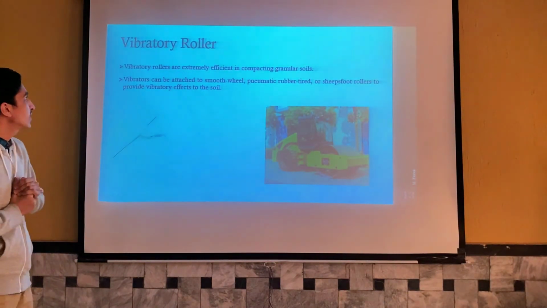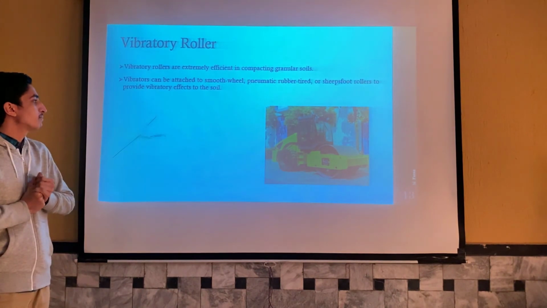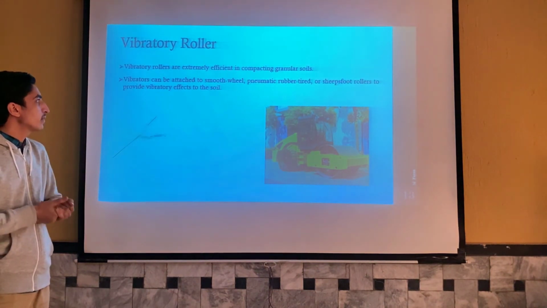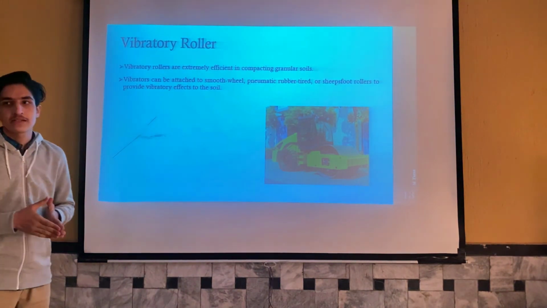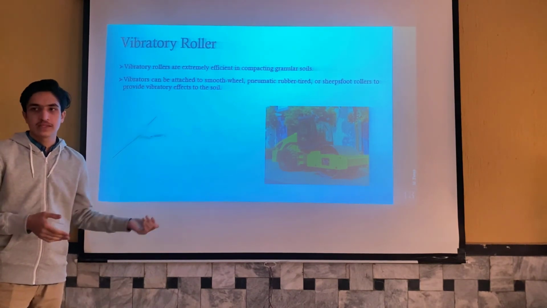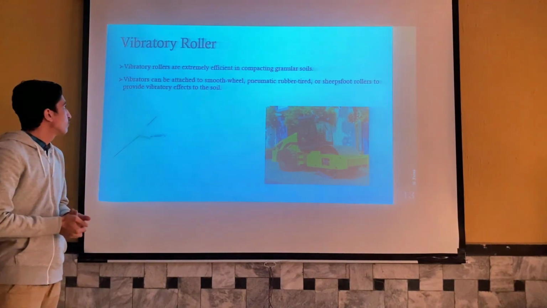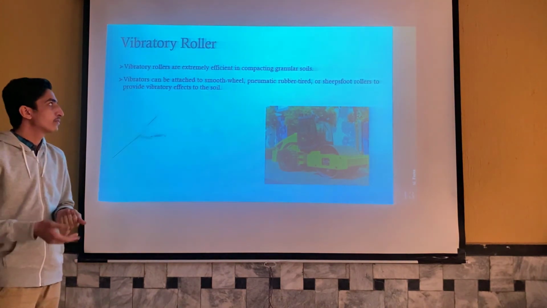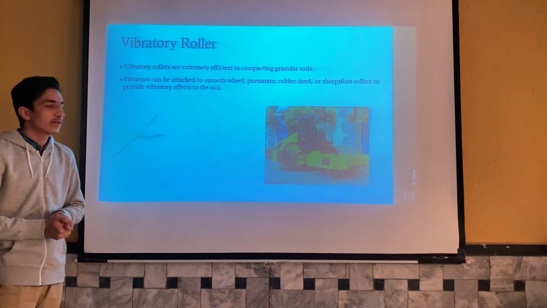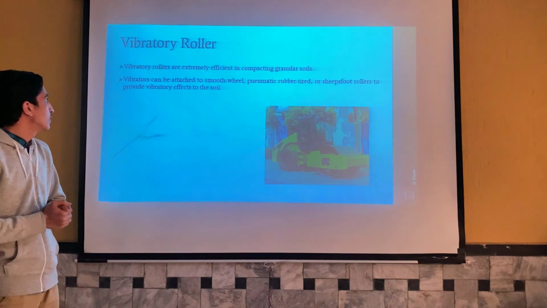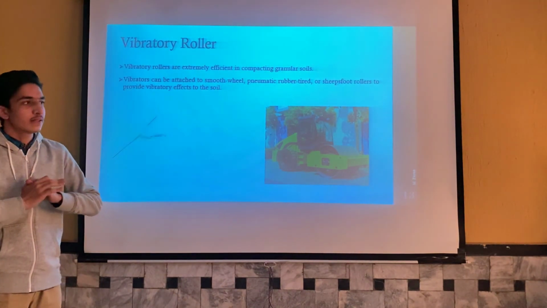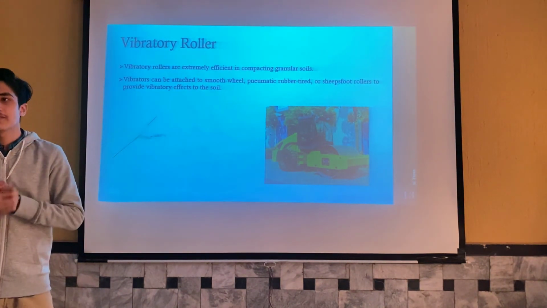Now, the vibratory roller is actually a combination of a vibratory mechanism with one of the three rollers. Vibrators are attached to the smooth wheel, pneumatic rubber tire, or sheep foot roller, and the vibration effect increases the efficiency.